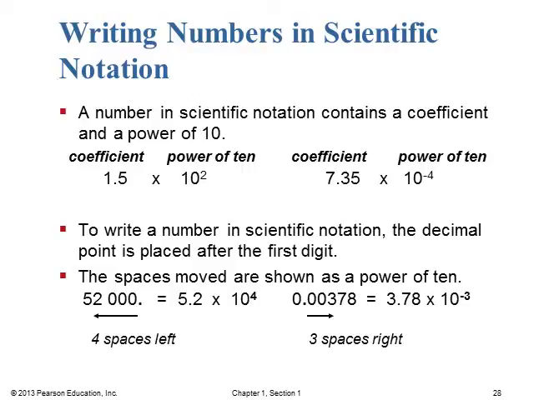You will be moving your decimal place to the right, or your number will be expanding to the left. Hopefully that's not too confusing, but we'll go through this a few times. And here, in the second scenario on the bottom, we had 3.78 times 10 to the minus 3. That means you're going to move your decimal place to the left, and your number will be expanding in the direction of the right.